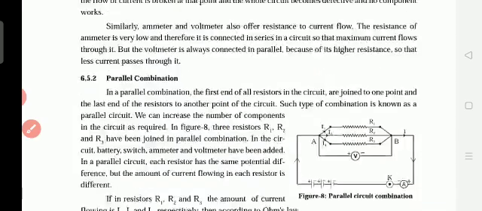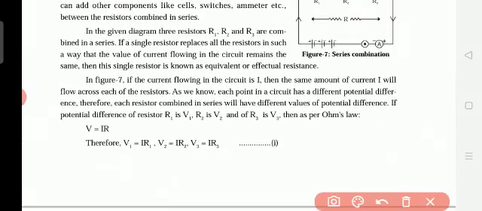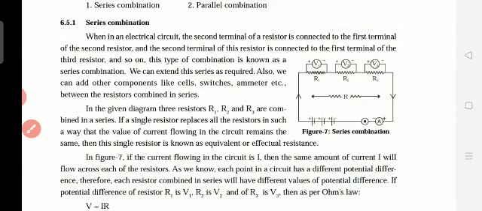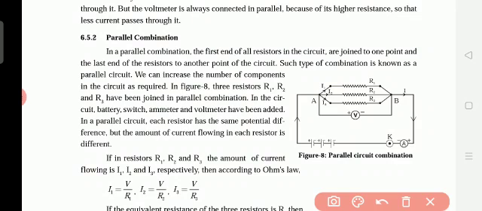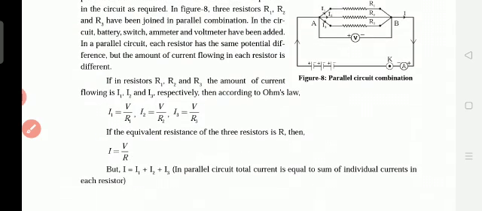Before, in the series combination, the potential difference was different in each resistor, but the flow of current was the same. In the parallel combination, the potential difference is the same, but the flow of current is different in each resistor. That is why I1, I2, I3, whereas in the series combination we took V1, V2, V3.